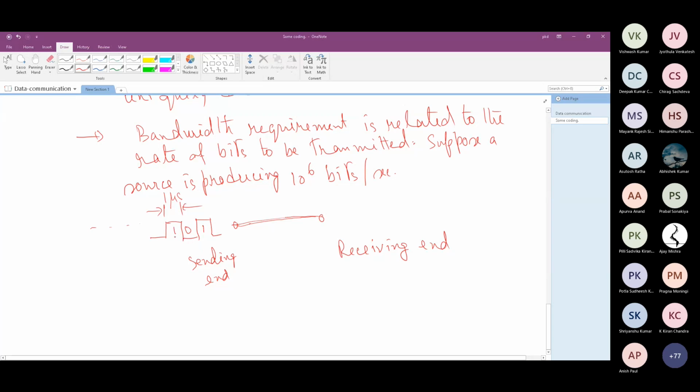So first I have transmitted 1, then I have transmitted 0. However, because this channel cannot transmit at this rate, while the 1 has been reached here, the 0 will be partially overlapped.